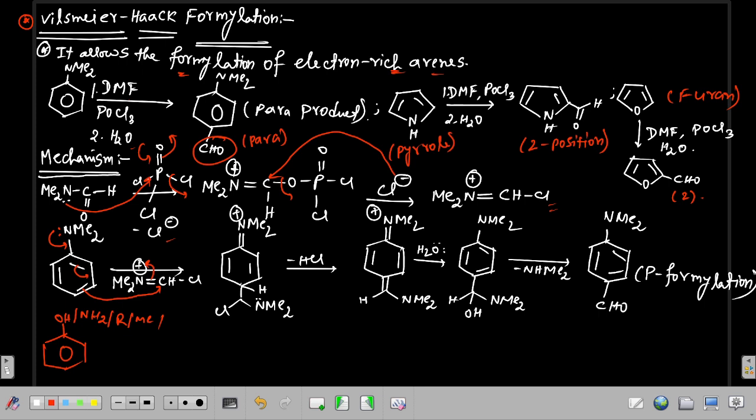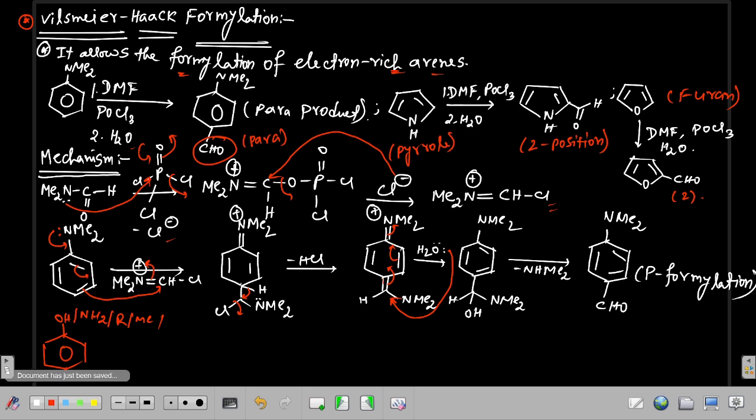Now there will be removal of HCl, so it will form this species. Next, we have H2O in the system, so H2O will react with this one. This bond will break, and this bond will break, and this bond will break.